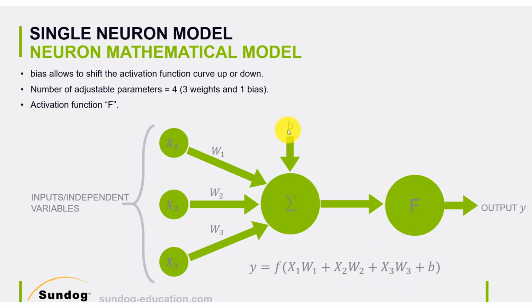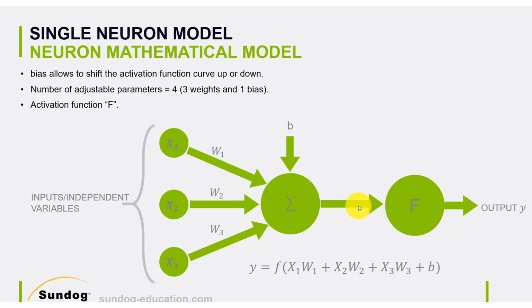Bias can simply be used to change the level of the summation in total. You can set the bias to 0, for example, but in general, bias will be one of the tunable, or adjustable, parameters as well. And then for the output from here, we can apply an activation function to it.